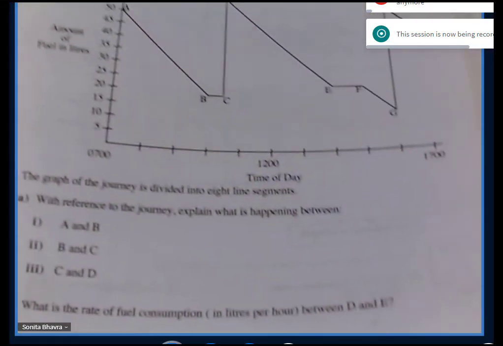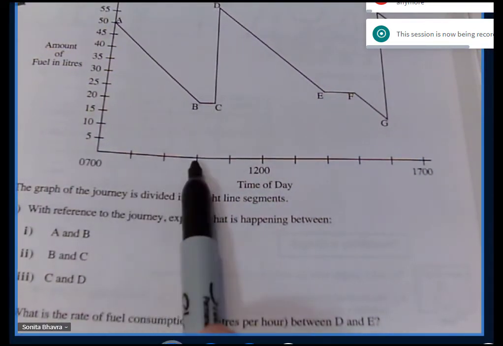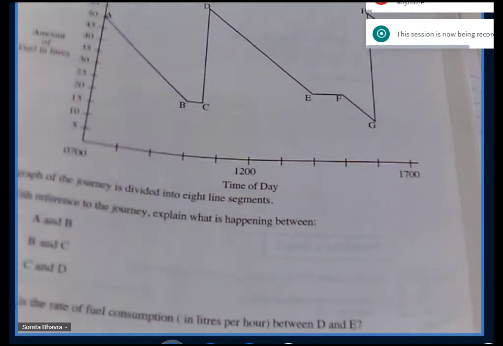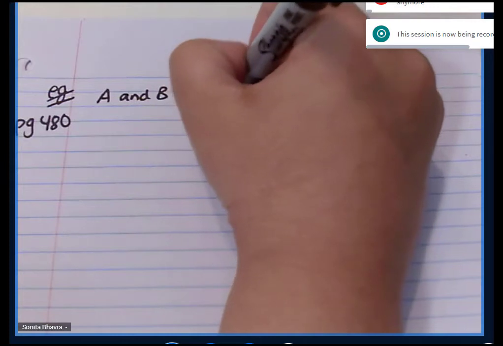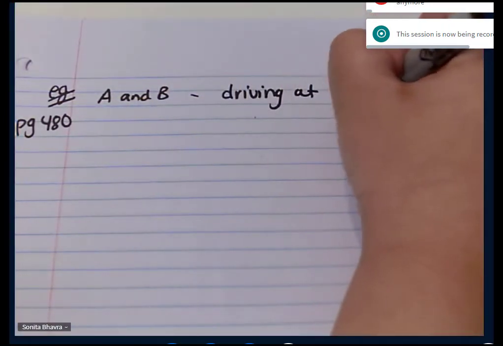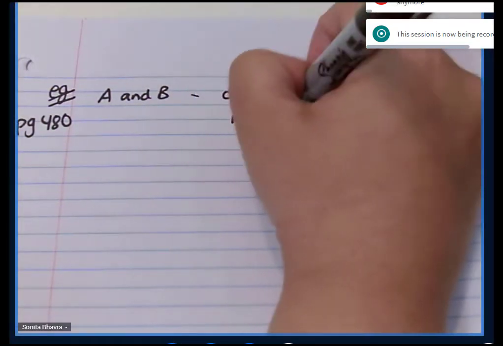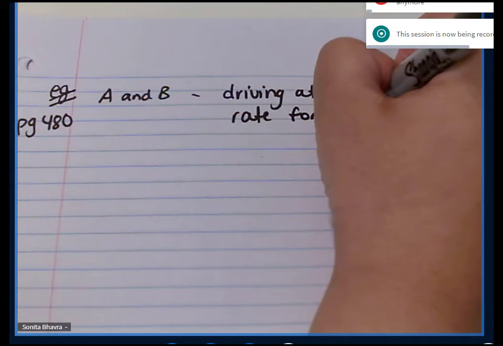So I'll just show that one more time here. So from A to B, so B is right there, so 1, 2, 3 hours. All right, so from A and B, we can say there's driving at a constant rate for 3 hours.